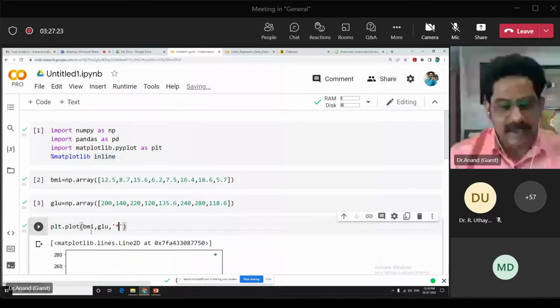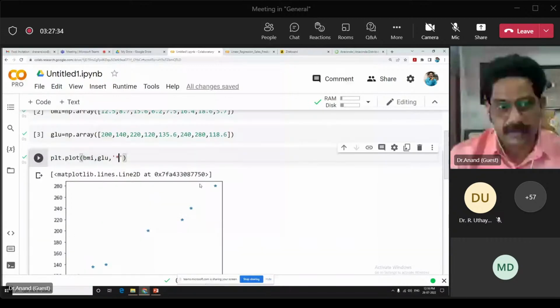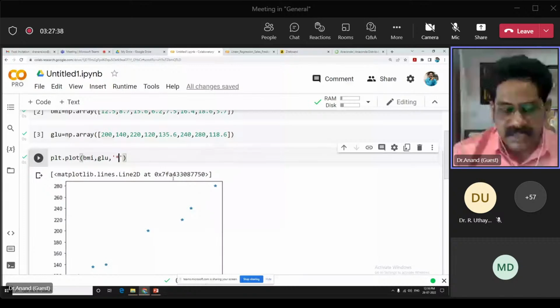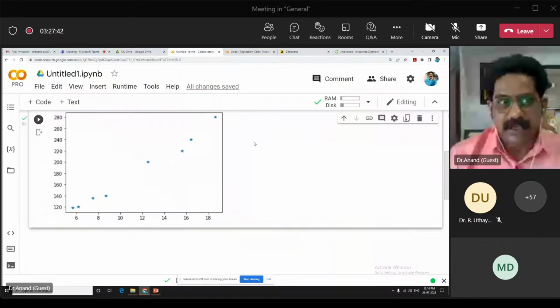You can see my x-axis is my BMI and y-axis is glucose. As the BMI increases, glucose also increases. Then we can decorate this with X label, Y label, title, all these decorations.